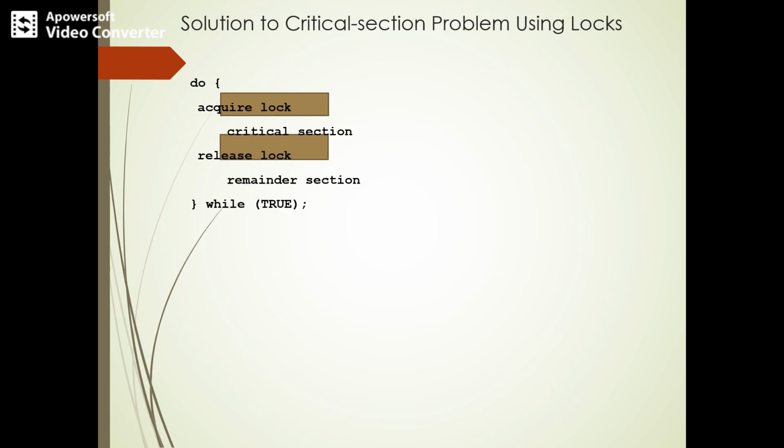Locks are acquired first before entering into the critical section, and once the critical section code is finished, the lock will be set to false, that is, the lock is released. In this way, we can ensure that one process is executed in the critical section and no other process will be executed in the critical section.